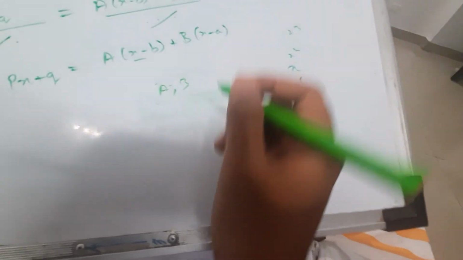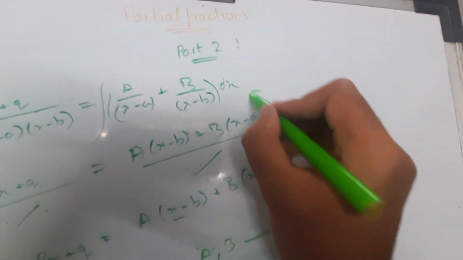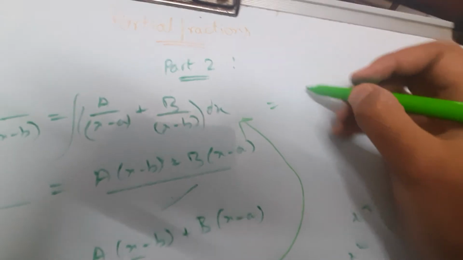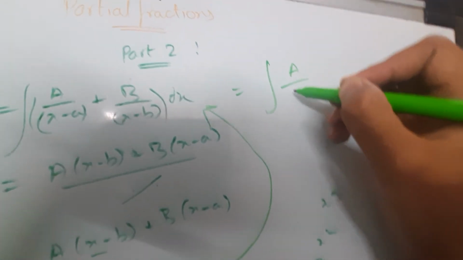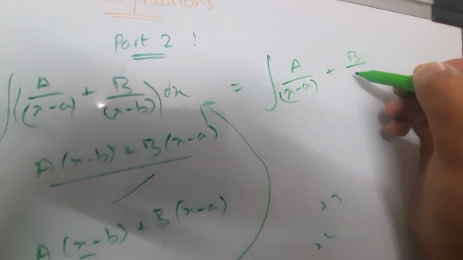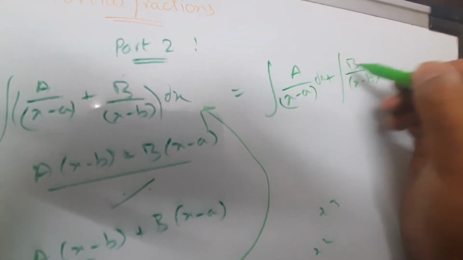But you'll get A and B. What you do with this A and B is put them back in the equation and solve it like a regular integration question: A by (x - a) plus B by (x - b) dx.